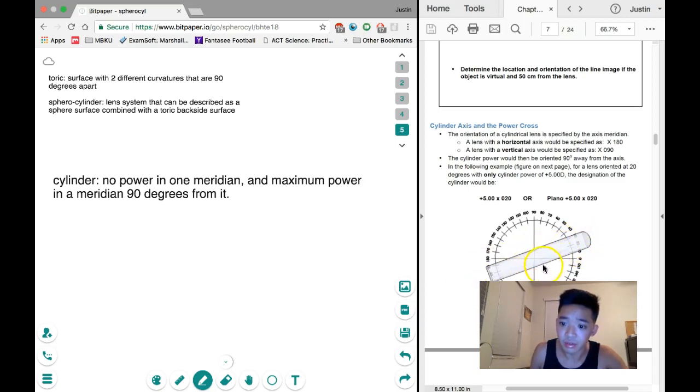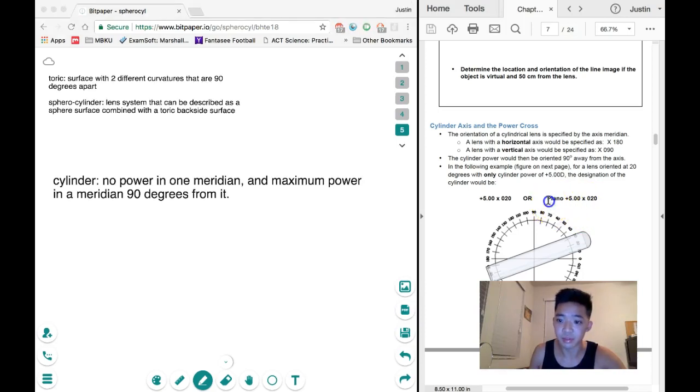Instead the straight line, the one you can trace with a finger, runs along the 20-degree axis. That straight line is plano, meaning no power. When you think about prescriptions, the first number is associated with this axis. So this plano is associated with that number, meaning it is plano at 20 degrees.